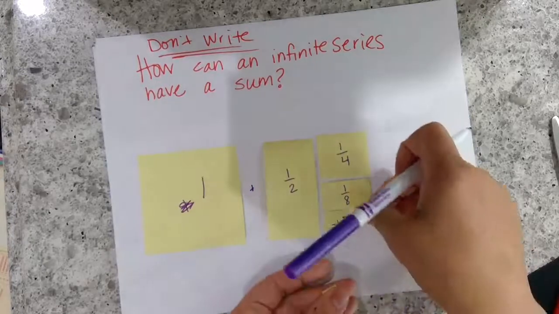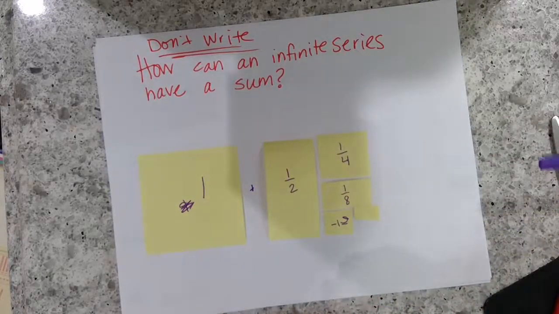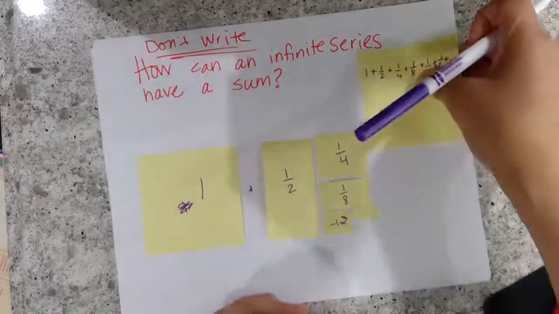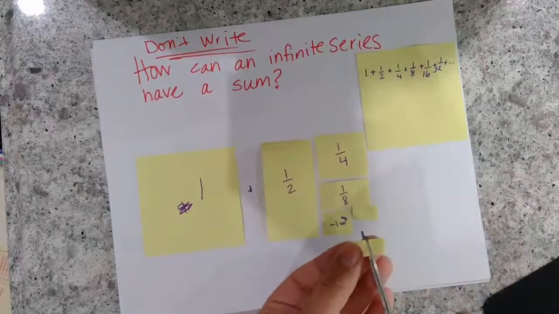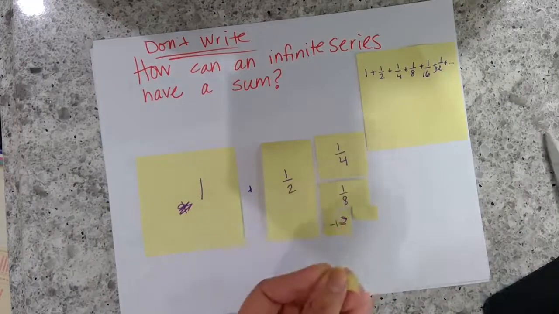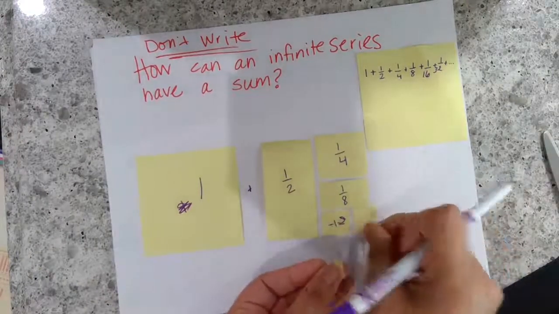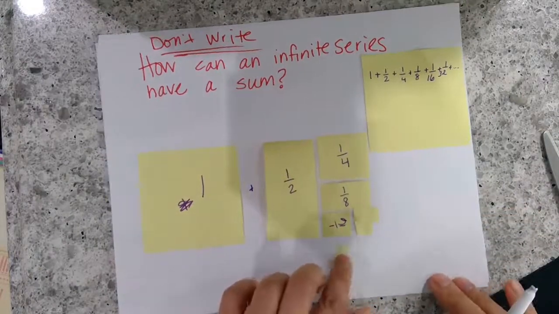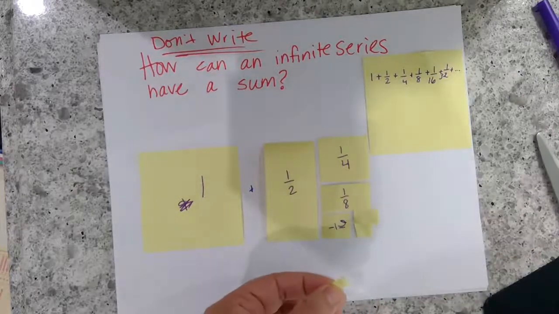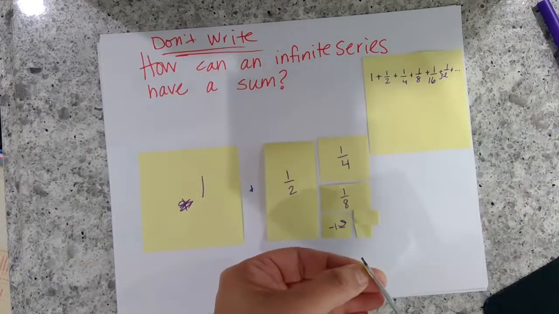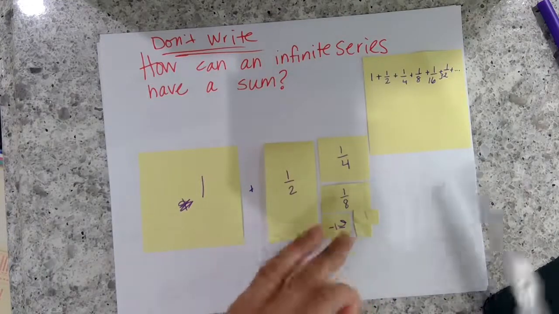I have 1/32, cut it in half, 1/64. Now, if I continue this sequence, and I keep cutting these pieces smaller and smaller, I can go on forever and ever. What is the sum of this series going to be? It's actually going to be 2 Post-its.